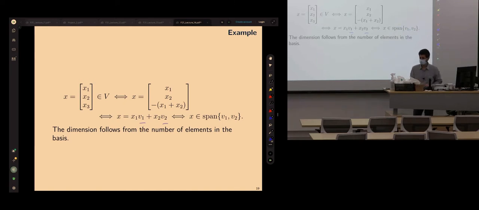We just confirmed that V1 and V2 both are in the space. So take x1 V1 plus x2 V2. Definition of the span tells us that the linear combination should cover any vector, right?